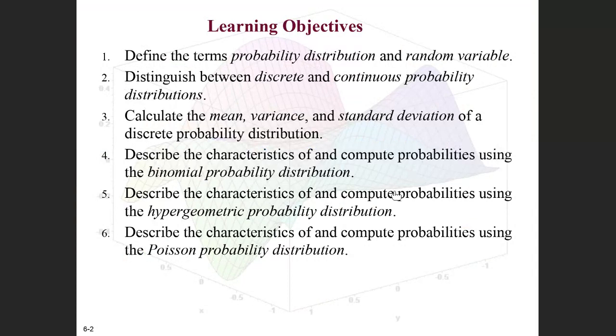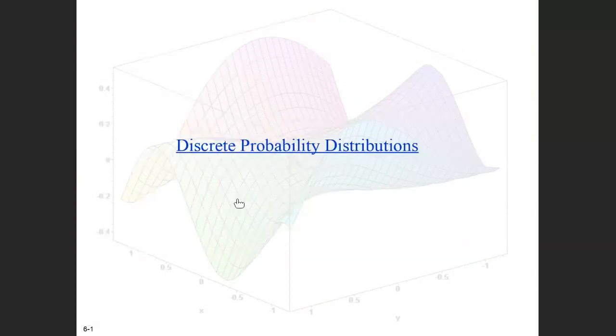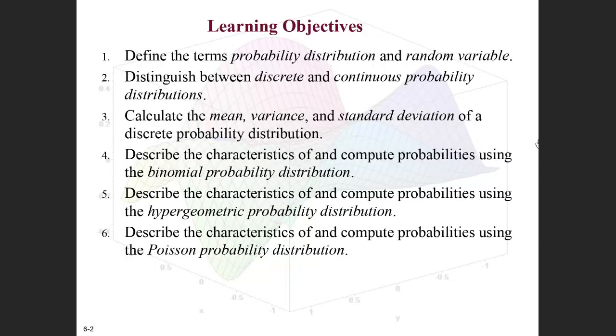So this chapter is about discrete probability distributions. We learned about frequency distributions, and this chapter is about probability distributions. These are the learning objectives for this chapter. Define the terms probability distribution and random variable. Distinguish between discrete and continuous probability distributions.